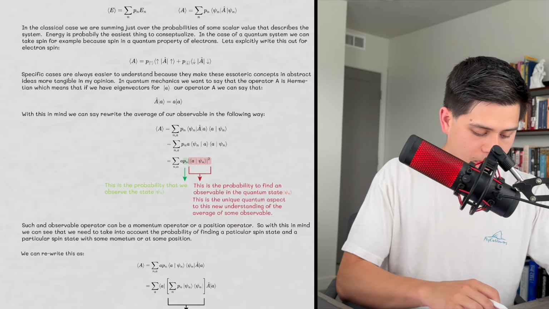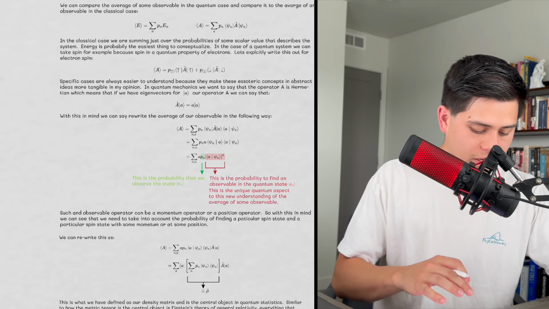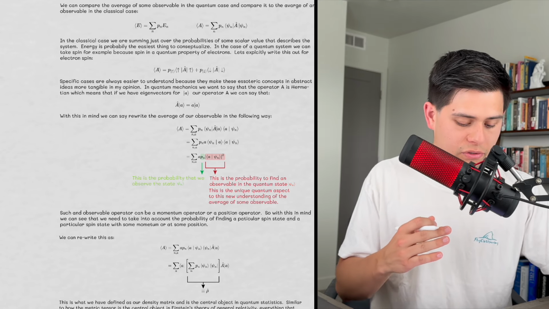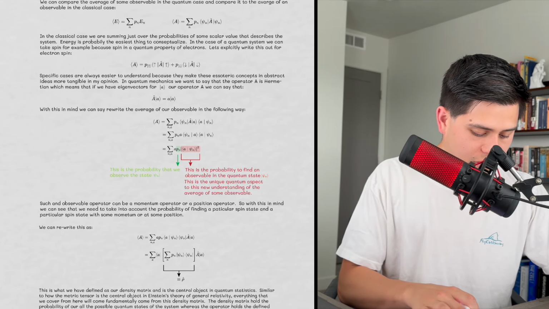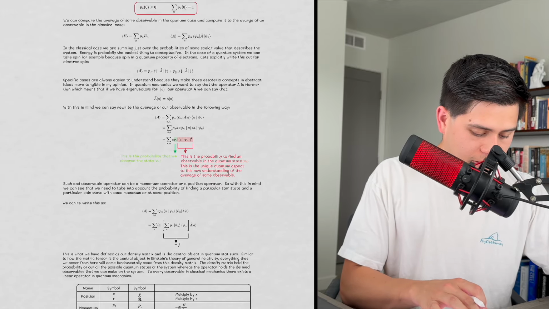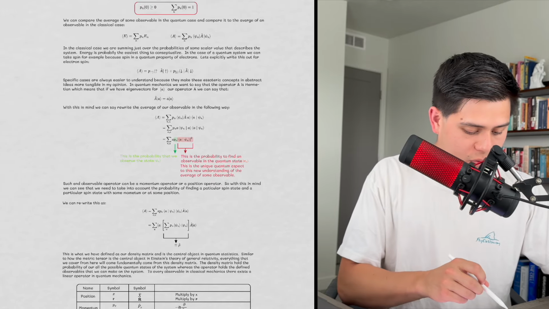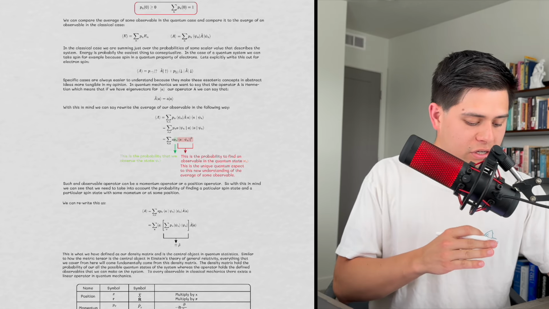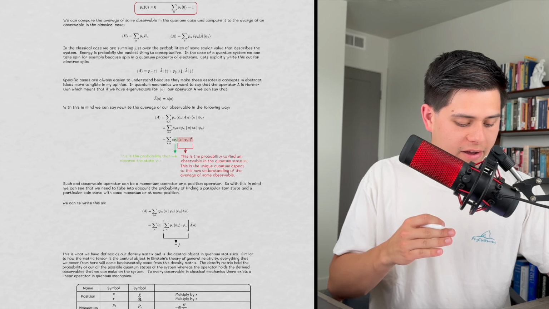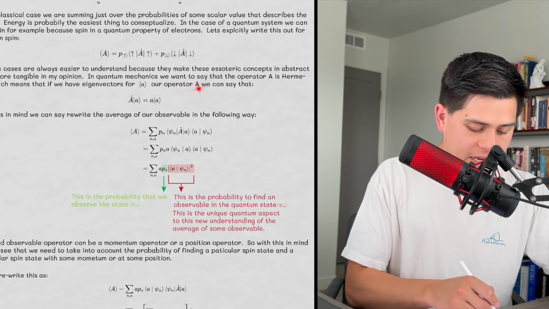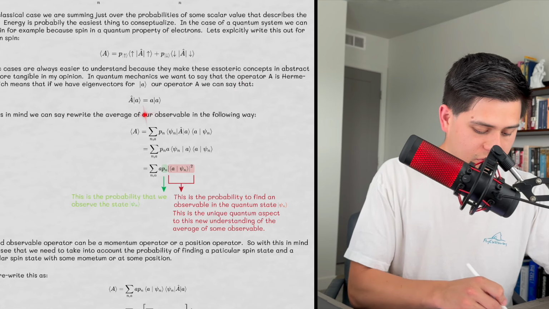Okay, but before we get there, the specific cases are always very easy to understand. So let's do this now. In quantum mechanics, we want to say that an operator A is Hermitian, which means that if we have eigenvectors of our operator A, we can say this right here, right?